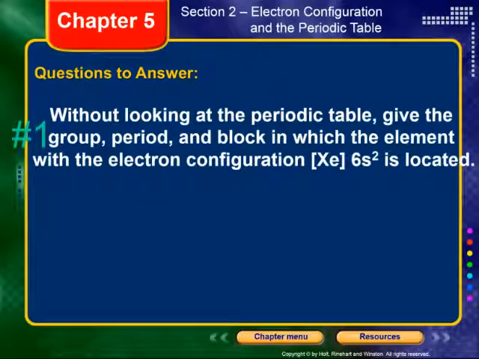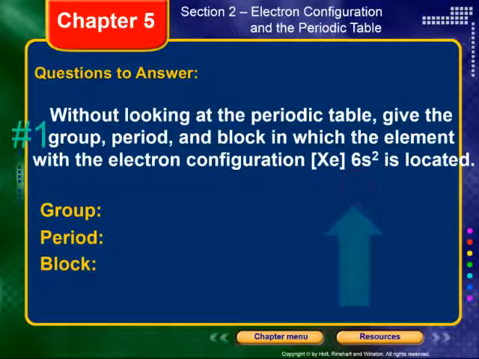So for number 1, xenon 6s2. Well, I can tell that it is group 2. Why? Because there are 2 electrons. And again, this is the information I'm looking at right here: superscript 2, 2 electrons. If it's got 2 electrons, it's going to be in main group 2.